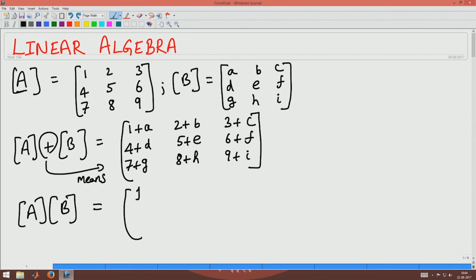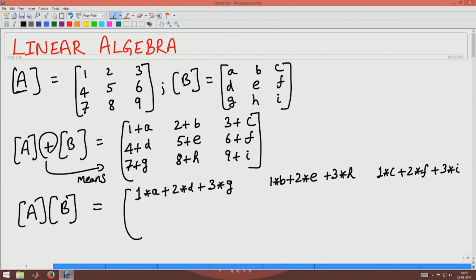A into B means 1 into A plus 2 into D plus 3 into G will be the first row, first column entry of this matrix A into B. The second entry of this would be 1 into B plus 2 into E plus 3 into H. The third entry of this row would be 1 into C plus 2 into F plus 3 into I.